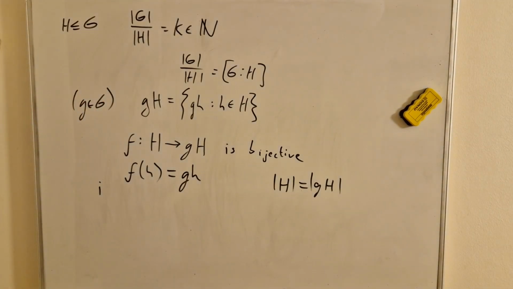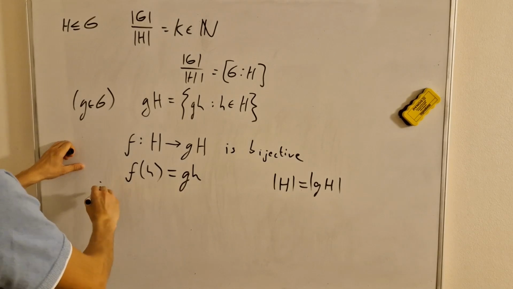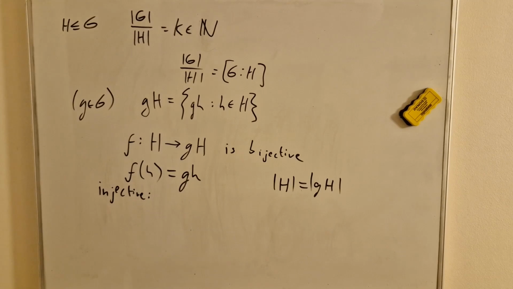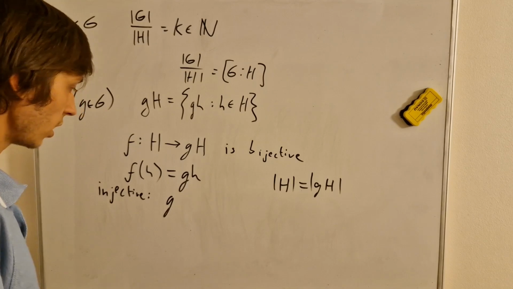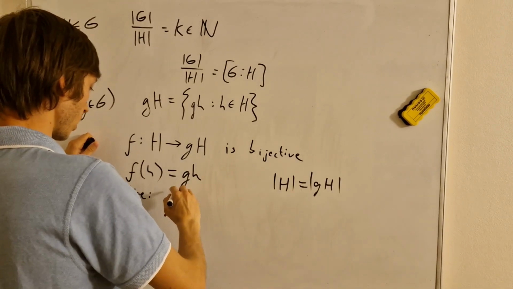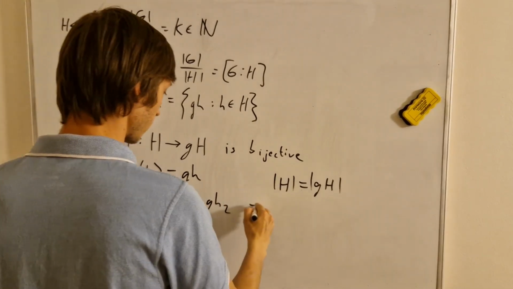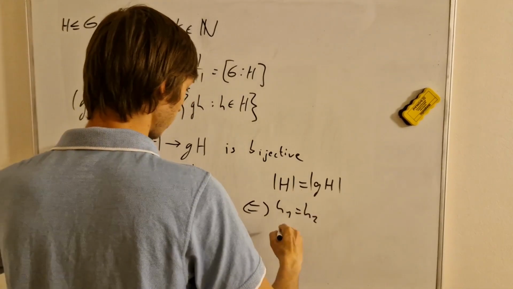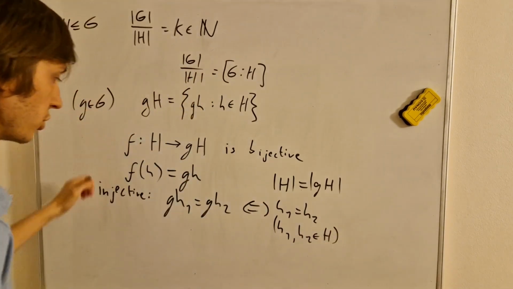And how to prove it? Well, this map has to be bijective. So to prove it's bijective, we have to prove it's injective and also surjective. For it being injective, injective basically means that if we have gh1 equaling gh2, that can only happen if h1 equals h2, where h1 and h2 are in that subgroup H. And why is it so?